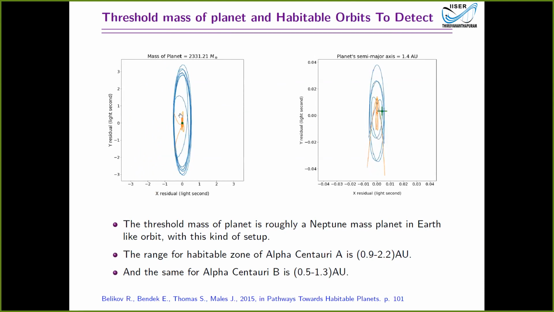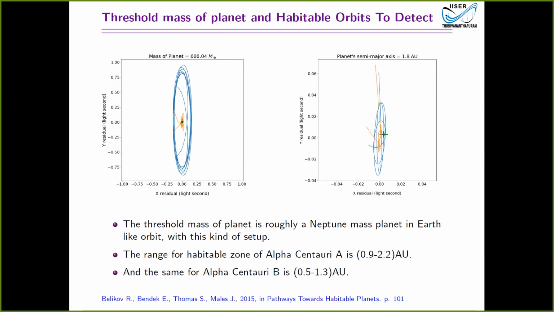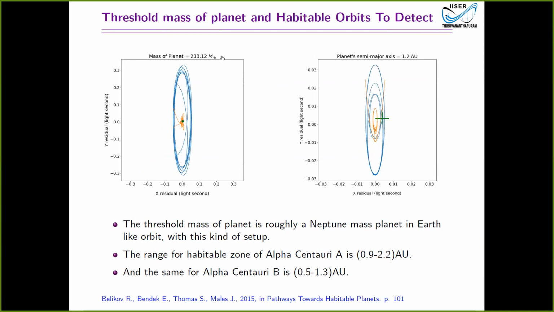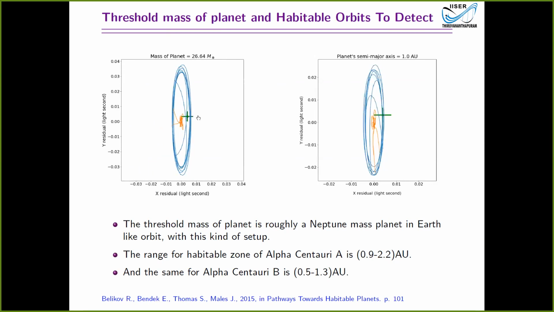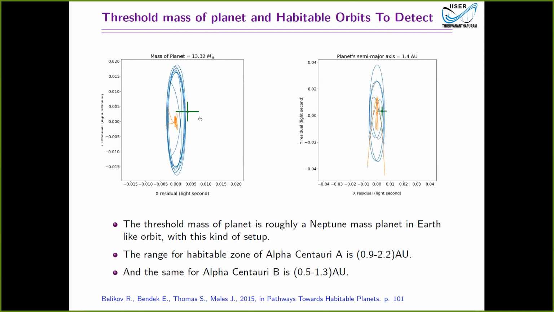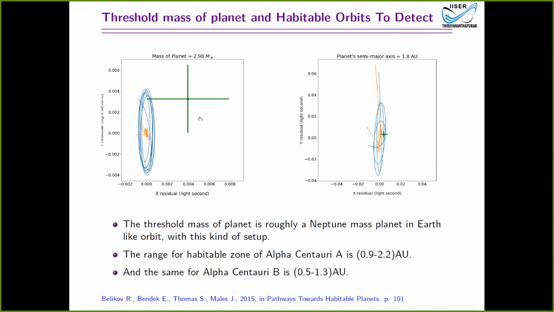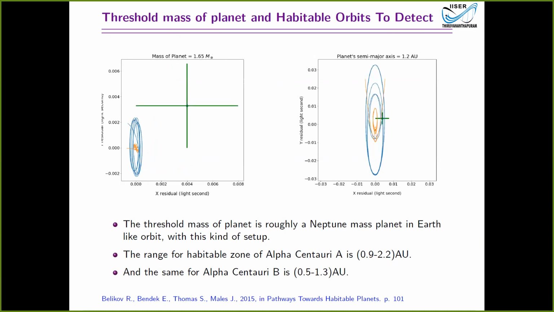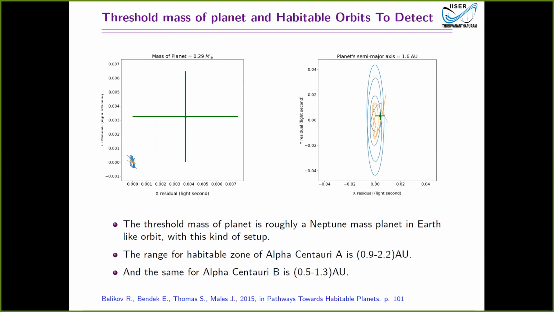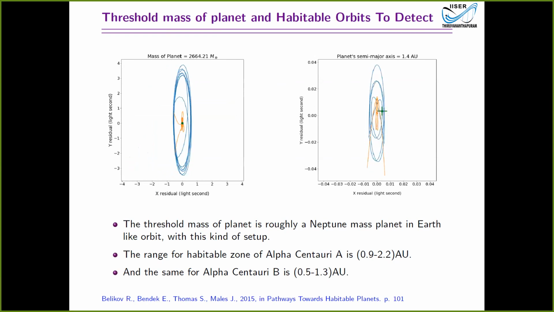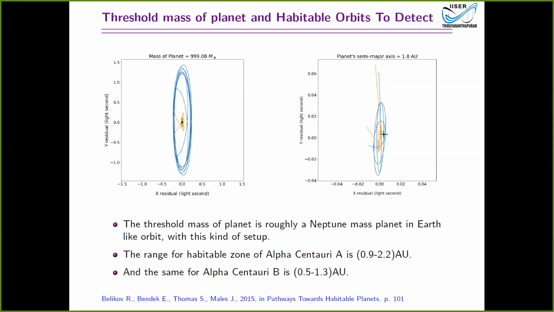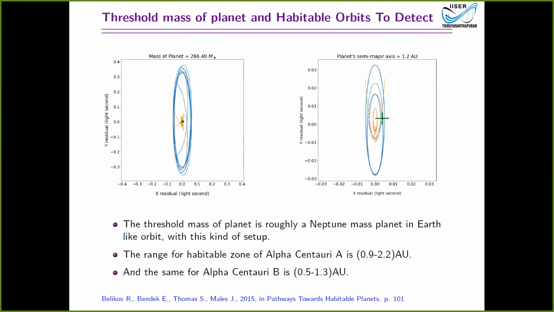We see that till Neptune mass planet, approximately 16 Earth masses, the perturbation is still comparable. I mean, the interferometric error bar is comparable to the perturbation. Even the y coordinate error was very low compared to the perturbation. So we say that till Neptune mass of planet, we will be able to estimate the astrometric orbit with this kind of setup.